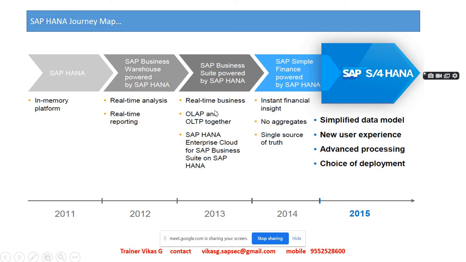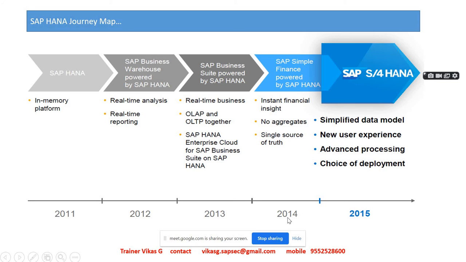In 2013 they came up with SAP Business Suite powered by HANA. In this they included both OLAP and OLTP, so you can run the software for basic transactional applications and also for reporting purposes.